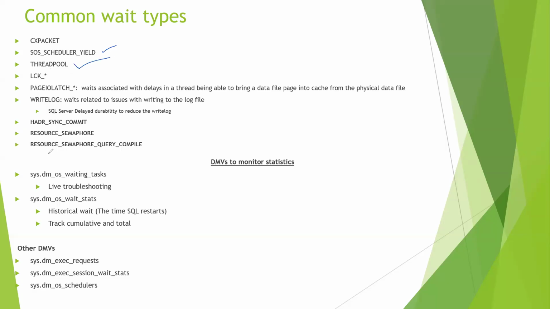Now, thread pool wait types. Same as I was talking about with enabling CDC. A thread pool is basically a pool of threads, right? You will have some threads in the pool, let's say 100 threads or 200 threads, whatever it is.